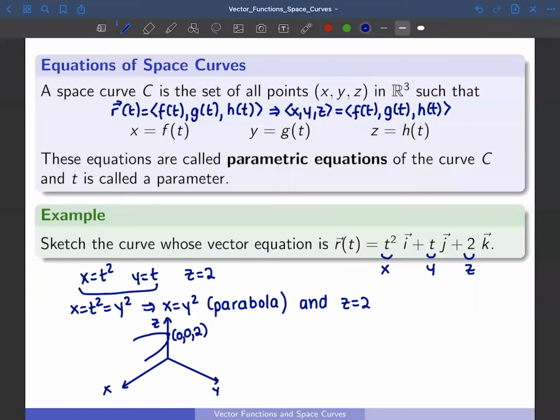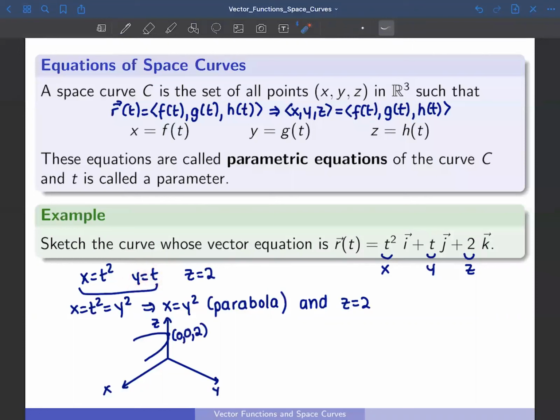And we can also find the direction of this parabola. We see that as t increases from negative to positive, y will also increase from negative to positive.